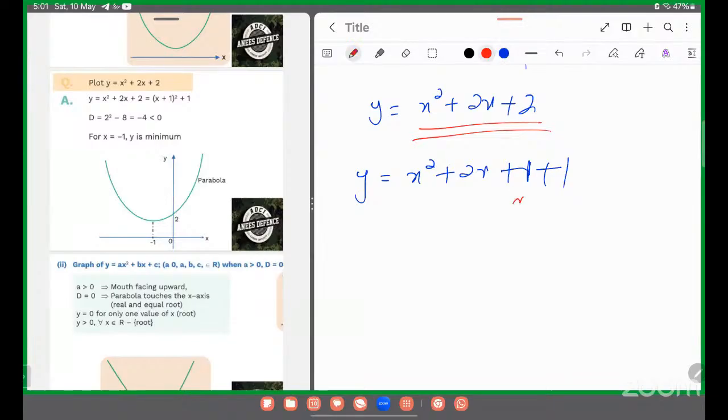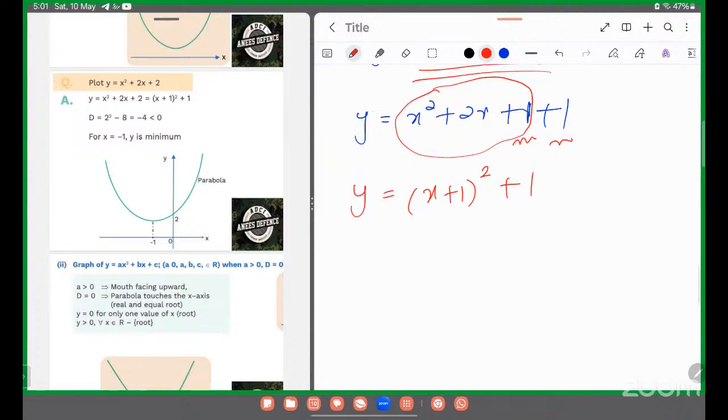I split 2 into 2 equal parts, 1 and 1. So you can make this an algebraic identity. So you can say that y equal to x plus 1 the whole square plus 1.